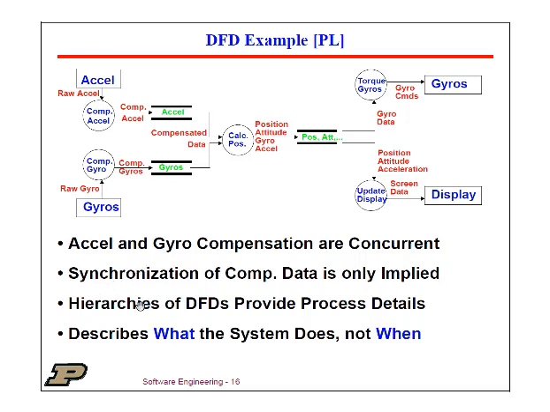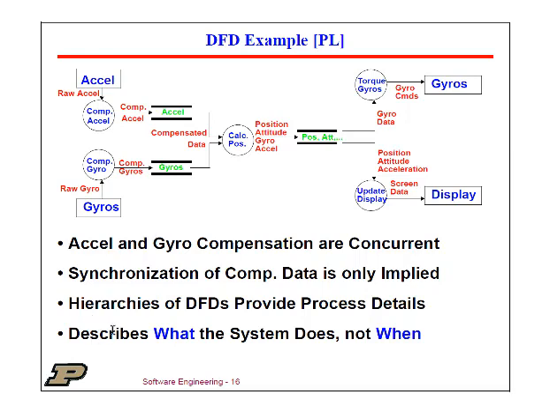Now, one additional thing is that you can use hierarchies of data flow diagrams to provide additional process details. You could imagine one of these circles actually consists of its own little sub data flow diagram, to give more detail on what's going on inside that data transformation, for example.